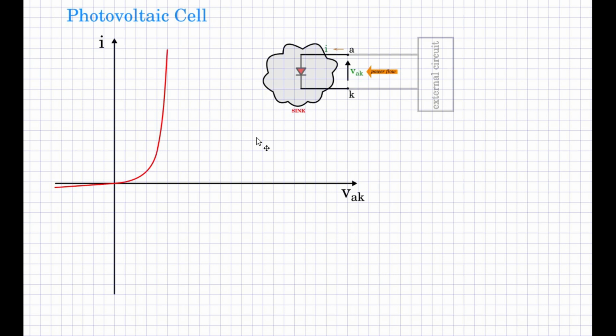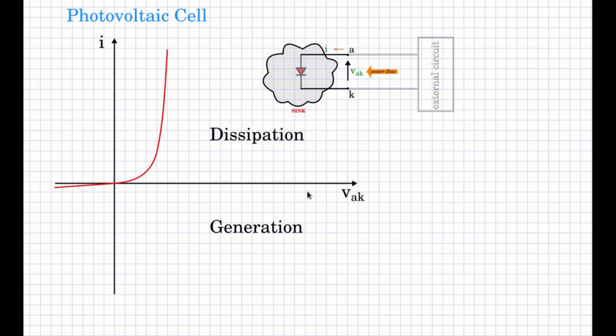We see that the first quadrant is involved in dissipation, and is the dissipation mode of components, basically sinks, wherein the current flow is into the terminals as shown. The fourth quadrant is a generation quadrant.